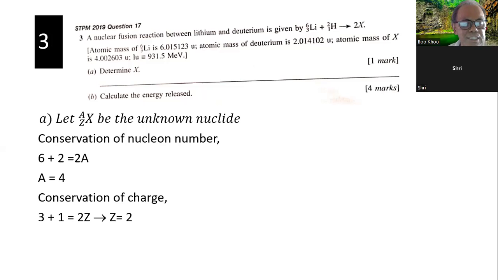Then conservation of charge: 3 plus 1, right, that one is Z. So it's 2Z. So Z is 2. So it's helium nuclide. Better to show a calculation, right, how you work it out, in case the examiner wants your working.